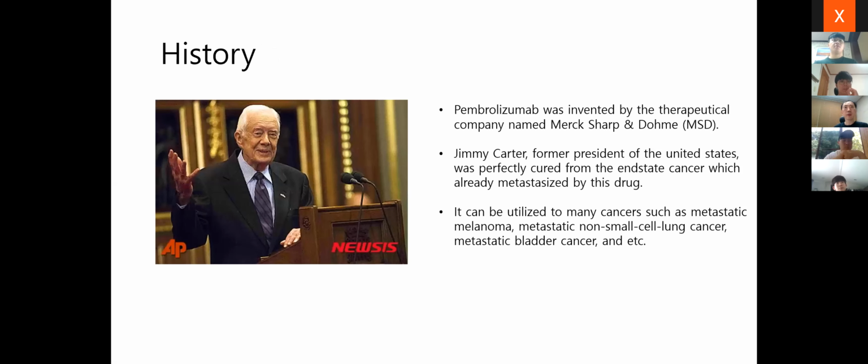Firstly, as Professor said, you may know this guy or not. This man is Jimmy Carter, who was a former president of the United States. He was diagnosed with terminal stage metastatic melanoma at the age of close to 100.